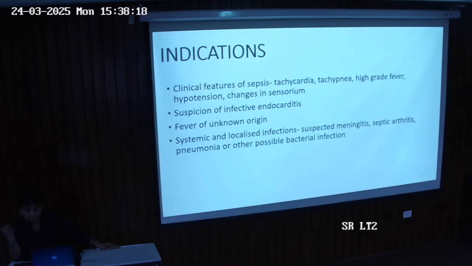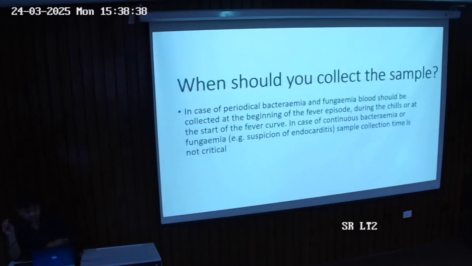These are more localized in the heart, in the endocardium. So fever of unknown origin is the third one, PUO, when you have suspicion of what is the cause of the fever. Also systemic and localized infection, suspected meningitis, septic arthritis, or prolonged anemia, pneumonia.